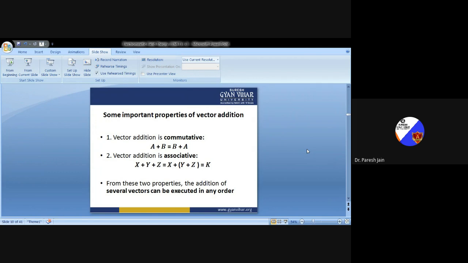So this property is very important to add multiple vectors. So vector addition is commutative and associative.